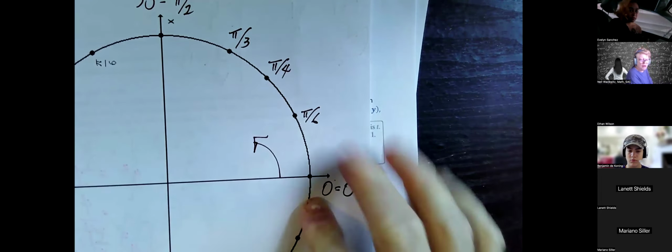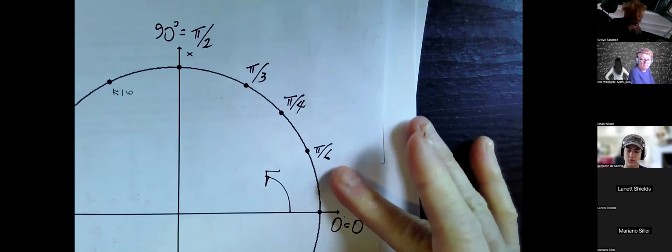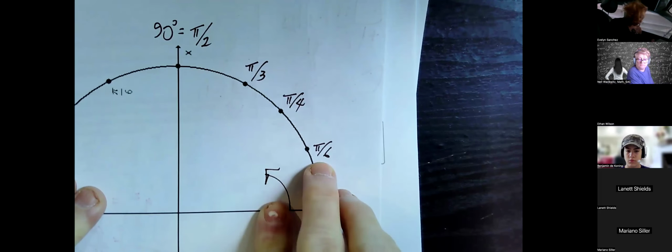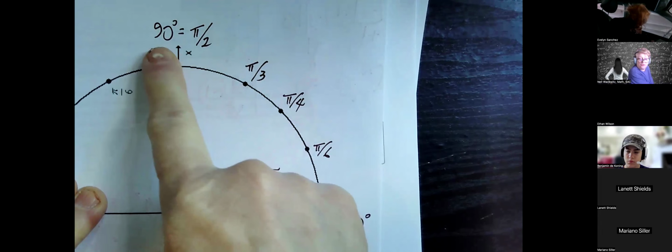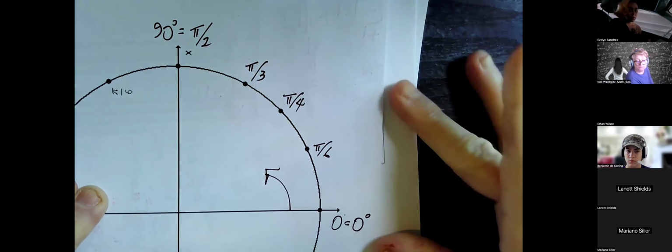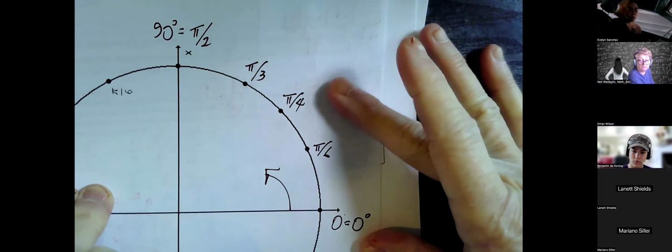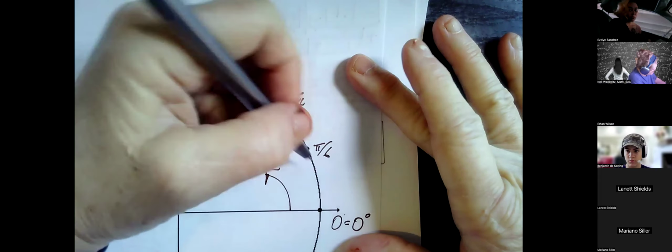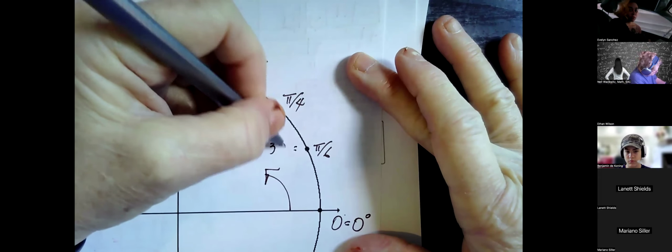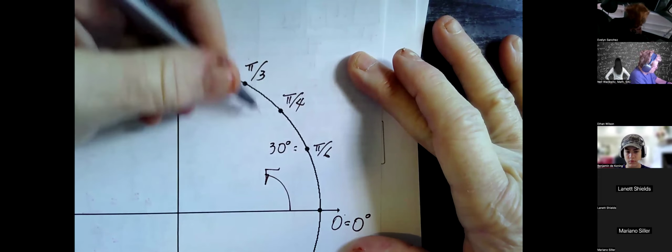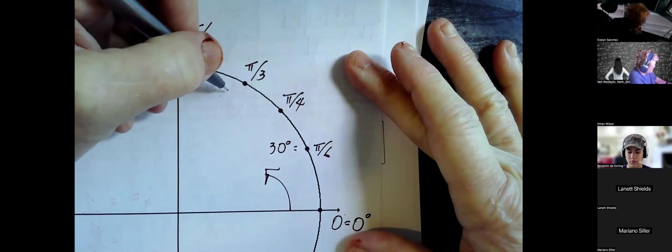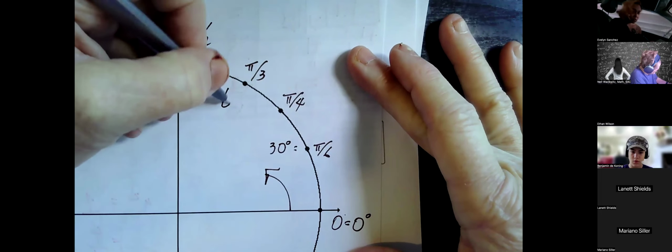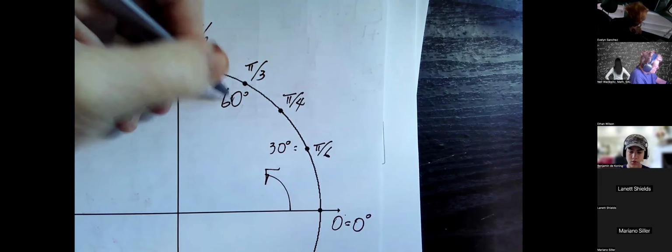We always go in the counterclockwise direction. And what is a third of 90? 30. Yeah. And so plus 30 would be 60. Some things are easier with degrees, most things are easier with radians.